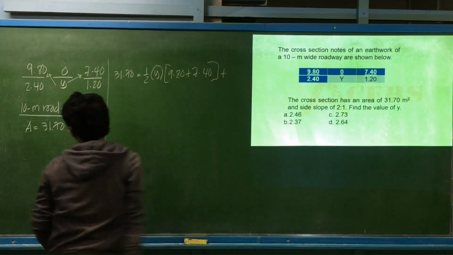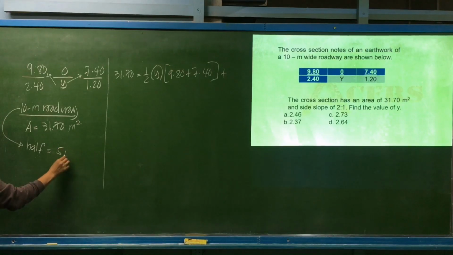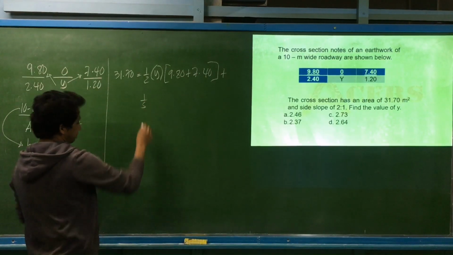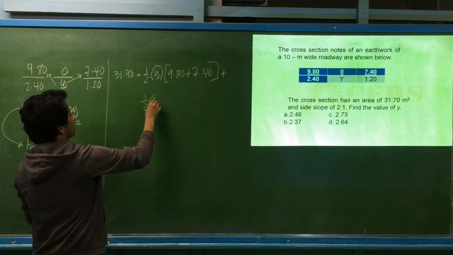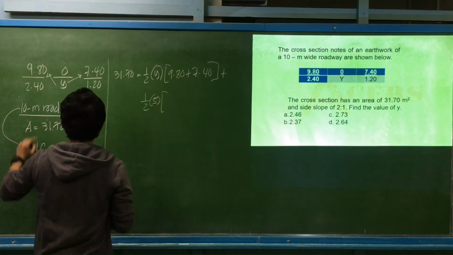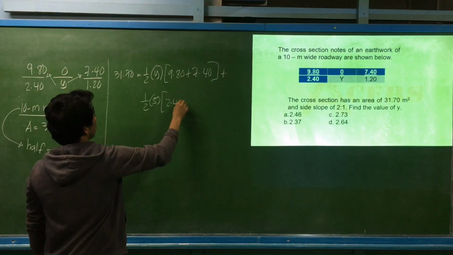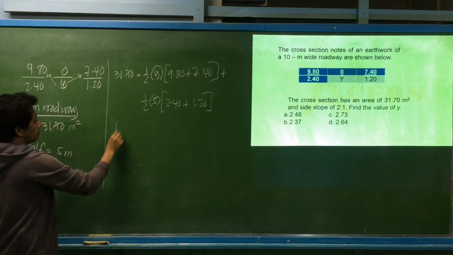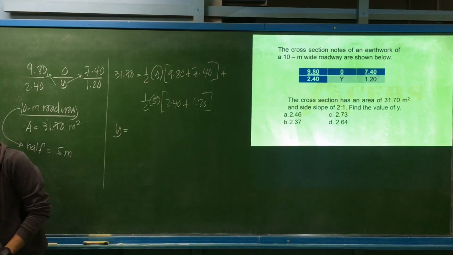Okay, plus, anong gagawin sa 10 meters roadway? Kunin natin yung kalahati. Half, that is equal to 5 meters. So 1/2 of 5 multiplied by yung dalawang nasa baba. We have 2.40 plus 1.20. So kunin natin yung value ng y. Lumabas ito naman sa board exam.